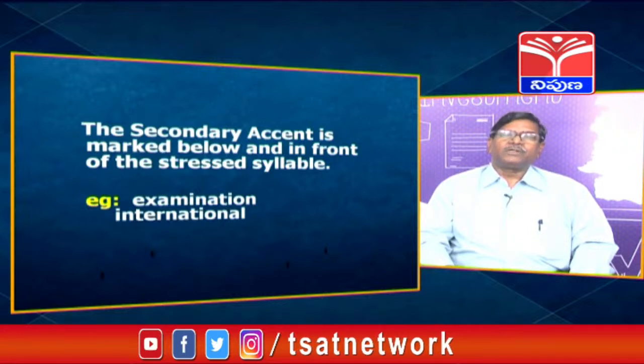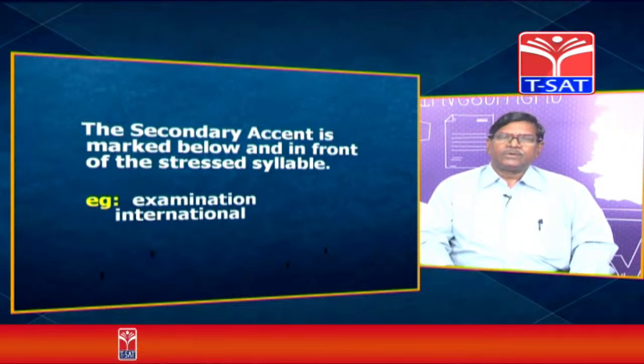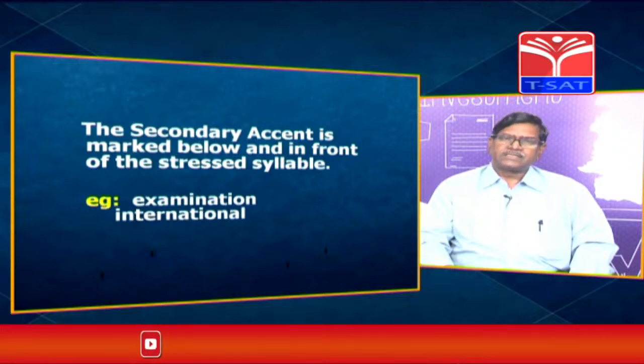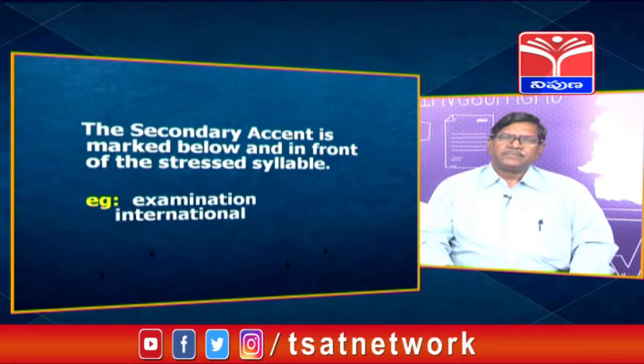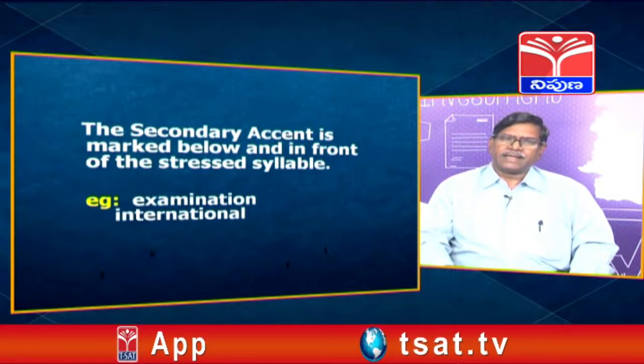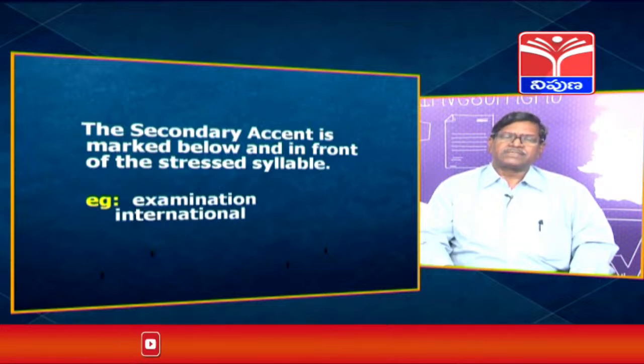So, in the case of polysyllabic words, one syllable gains more prominence and is said to receive primary accent. Another syllable gets less importance than the first one, so it is said to receive secondary accent, and this secondary accent is marked before and below the particular syllable.